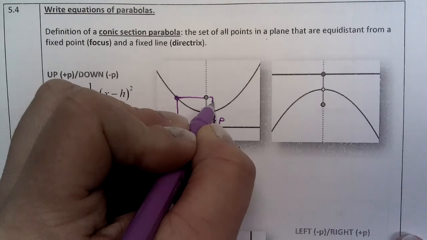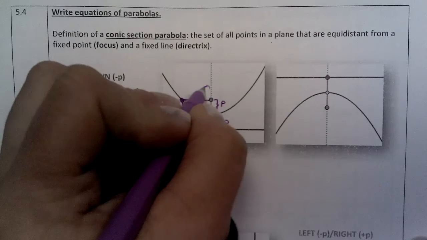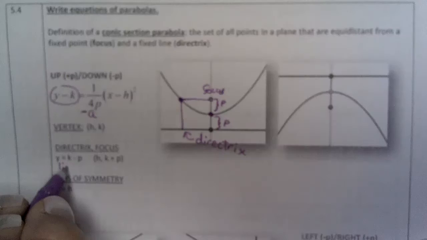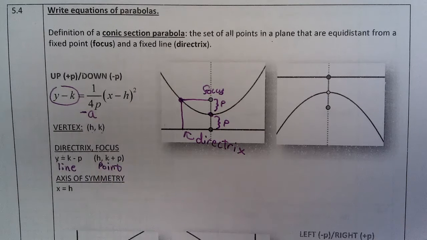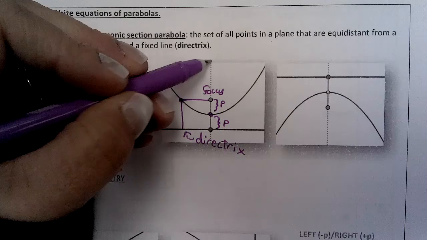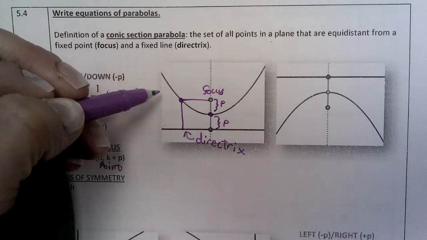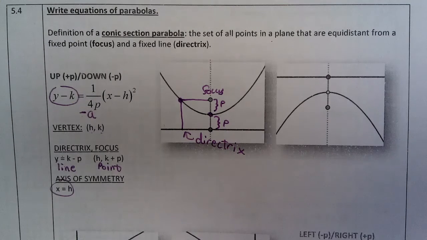And the focus is always p distance inside of the parabola. So the directrix is a line, and the focus is a point. Our axis of symmetry is a line, and it's this dashed line right here. It always cuts the parabola in the middle, so it's a mirror image on both sides. Okay, so that's our axis of symmetry.